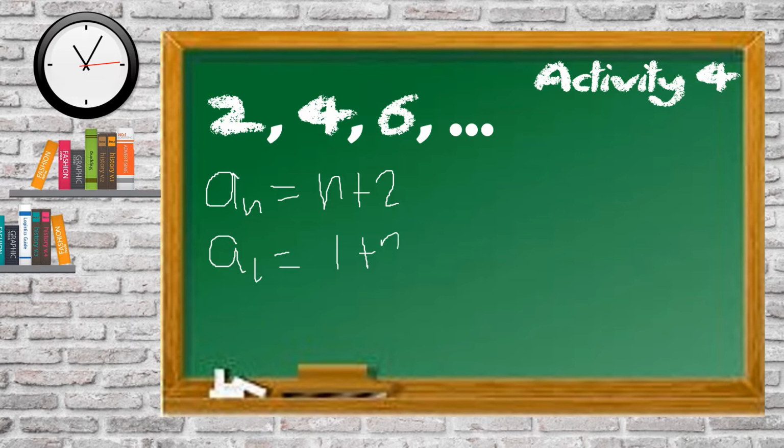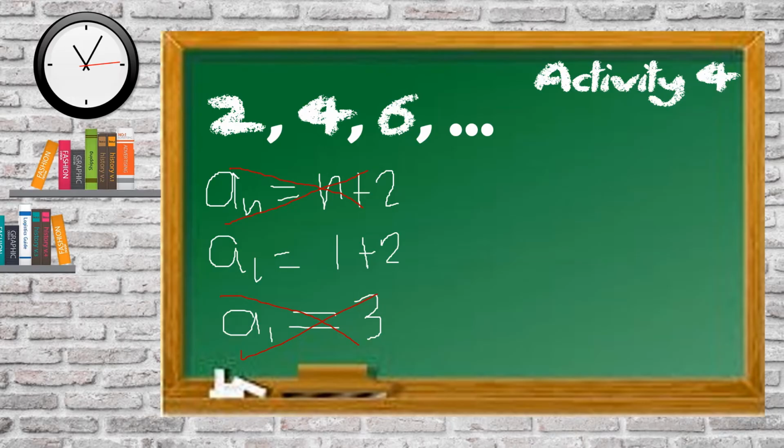But 1 plus 2 equals 3. Yun ba yung ating first term? Di ba hindi? Sa makatwid, yung formula na a sub n equals n plus 2 ay hindi angkop para sa given sequence natin.